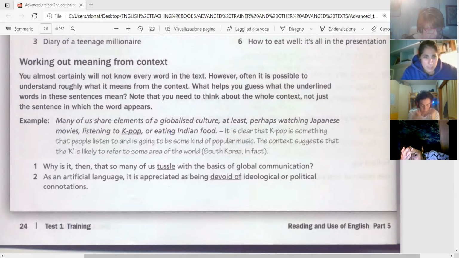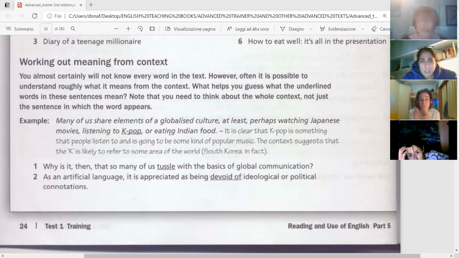Example, many of us share elements of a globalized culture, at least, perhaps watching Japanese movies, listening to K-pop, or eating Indian food. It is clear that K-pop is something that people listen to and is going to be some kind of popular music. The context suggests that the K is likely to refer to some area of the world, South Korea, in fact.